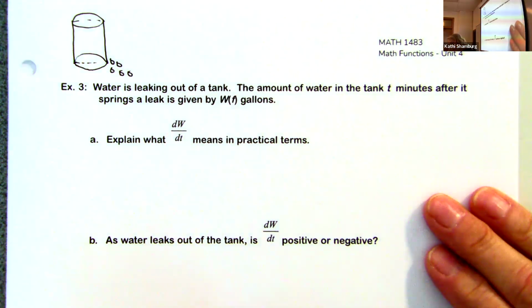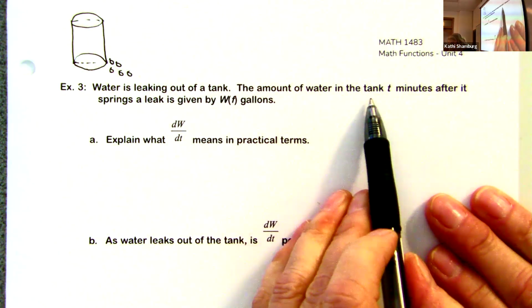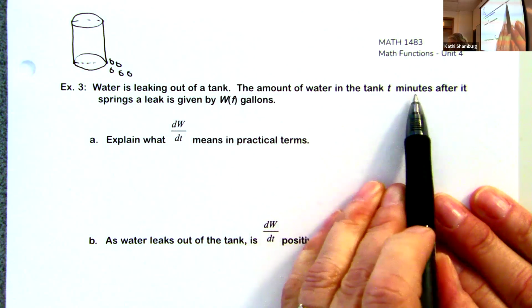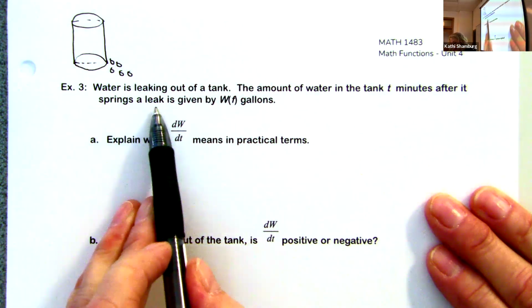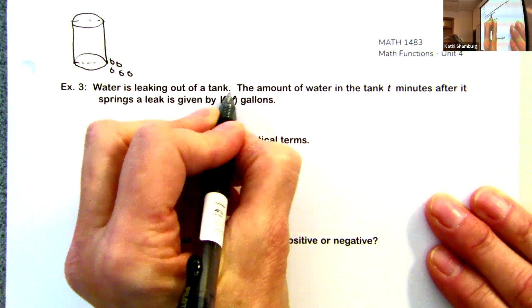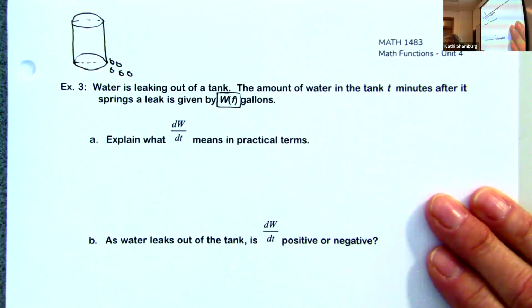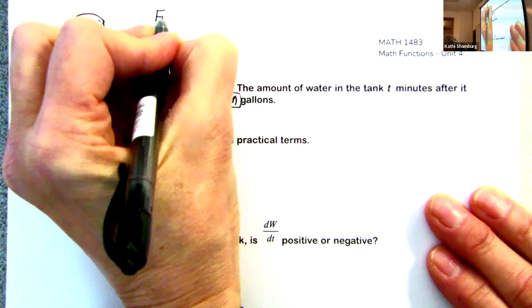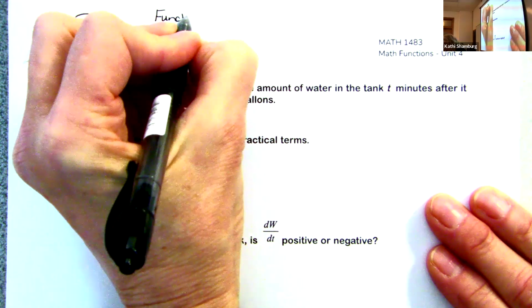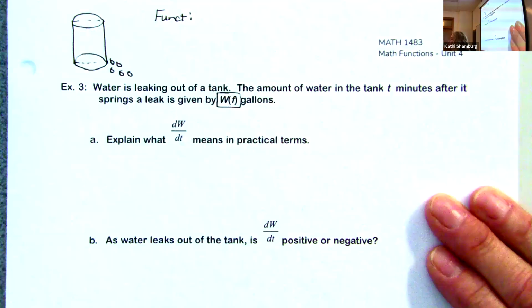All right, the amount of water in the tank T minutes after it springs a leak is given by, okay, so here's functional notation. You can tell me the letter that represents the function. What is it?